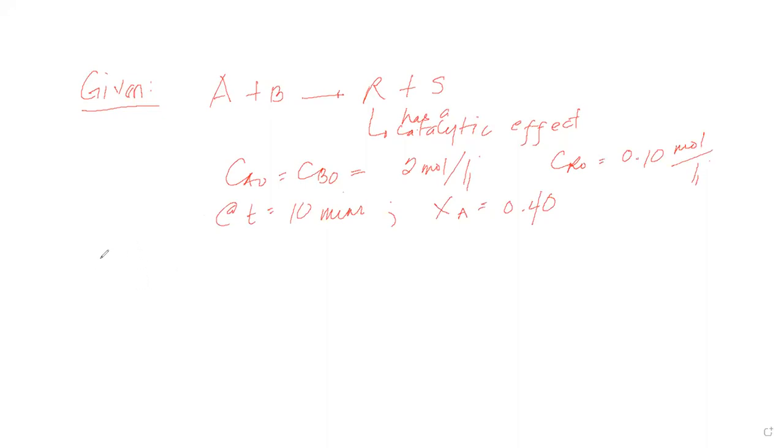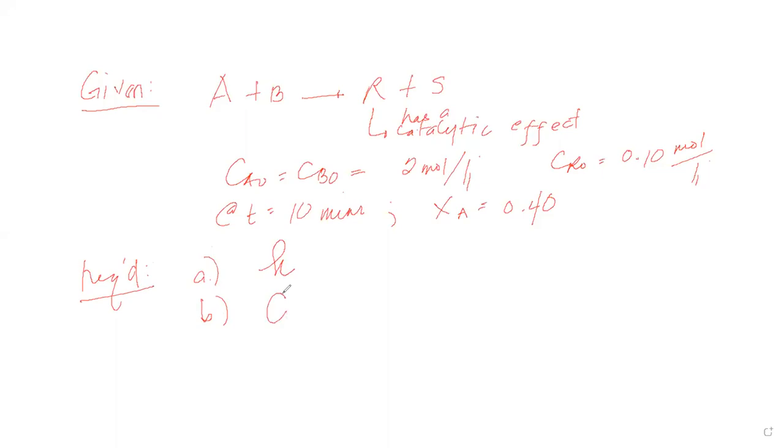And we have 3 unknowns. For letter A, we have the specific reaction rate. That would be the K. Letter B, the concentration of A at which reaction velocity is maximum.